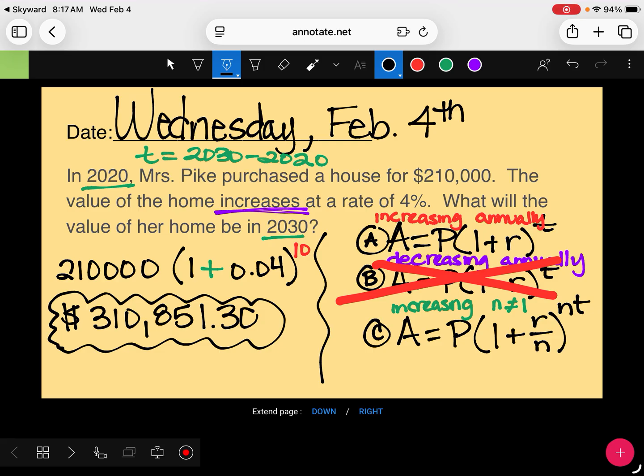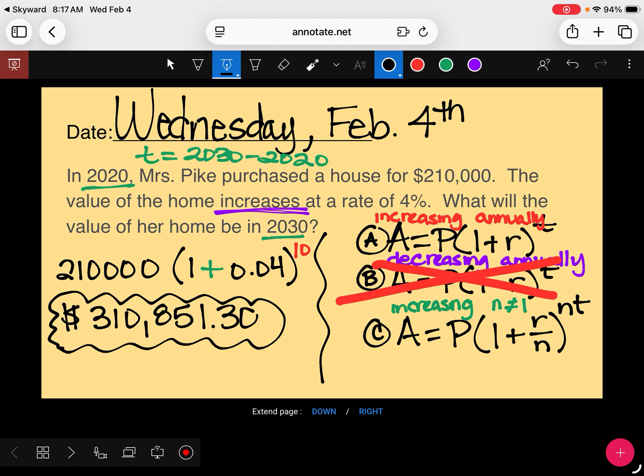Okay. All right, this is what I got. $310,851.30. So in 10 years, she earned $100,000 from her house because her house increased in value. So she could sell it and get $100,000. That's nice.